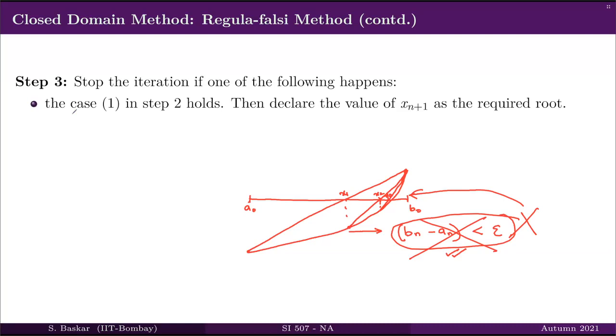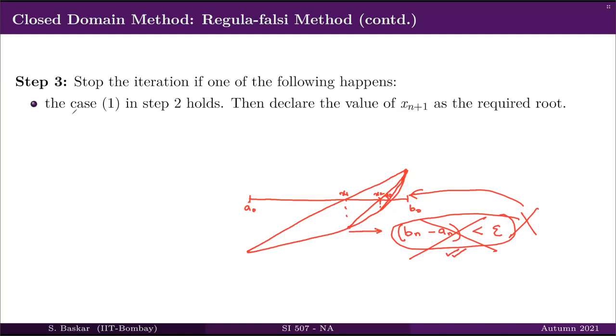If that doesn't happen, and your sequences keep on going, then on a computer you have to worry about what stopping criteria you have to adopt in order to stop the iteration and decide that x_{n+1} at that iteration is an approximation to my root.